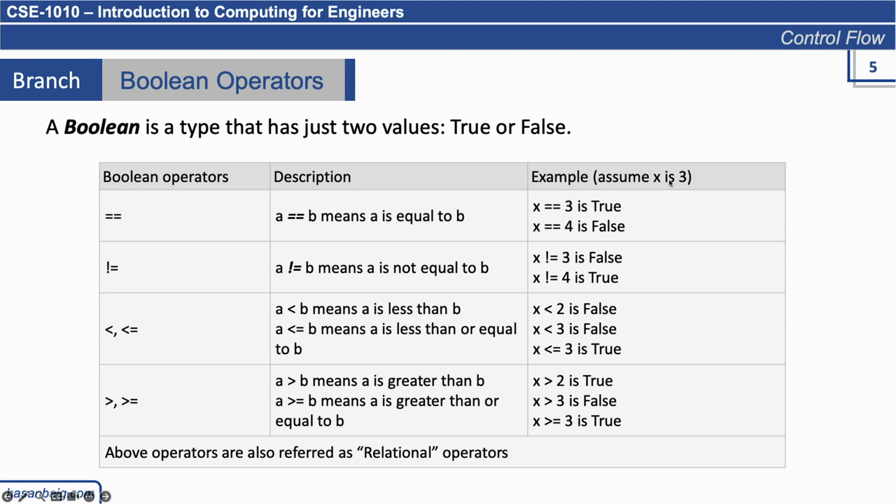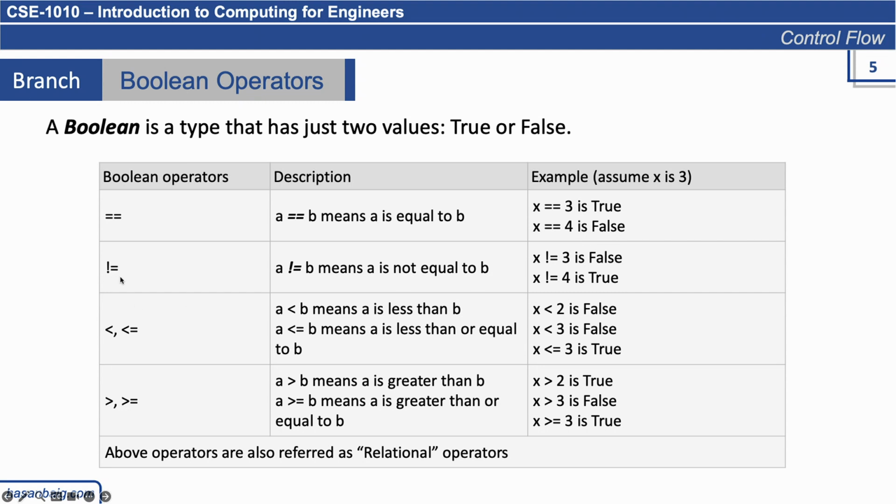For example, assume that the value of x is 3. If we execute the expression x equal 3, this condition is satisfied because the current value stored in x is 3, so it would return true. If we execute x equal 4, it would return false.